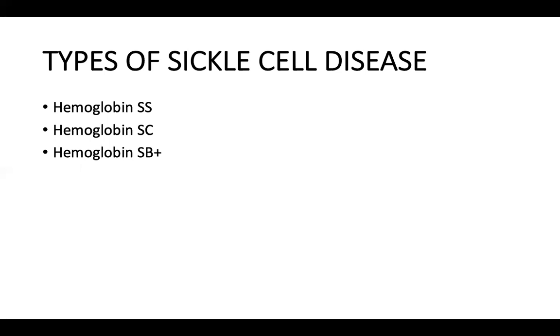The amount of S on a hemoglobin electrophoresis will tell you if this individual has disease or a trait. The disease usually has 60 to 70% of SS, and the trait usually has 30 to 40%.